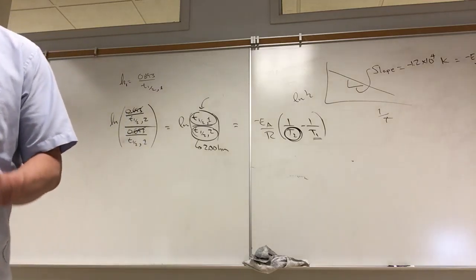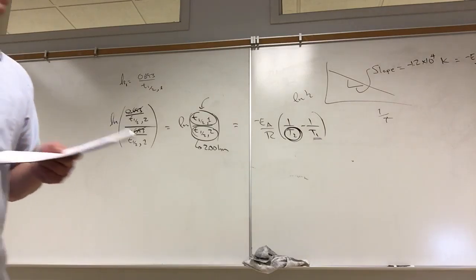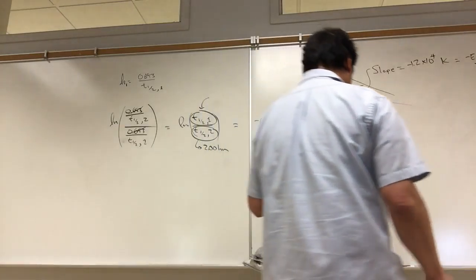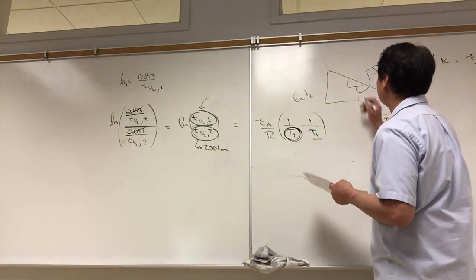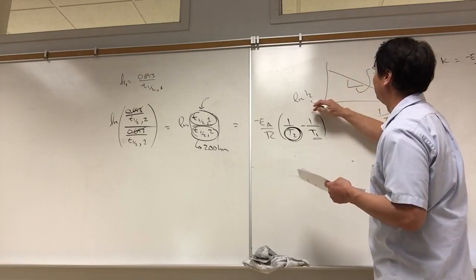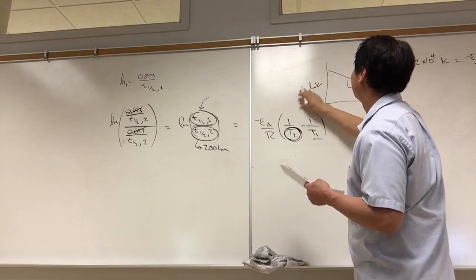So we have different choices here in solving this graph. We can just get a point from the graph and solve that. And so these are our choices.